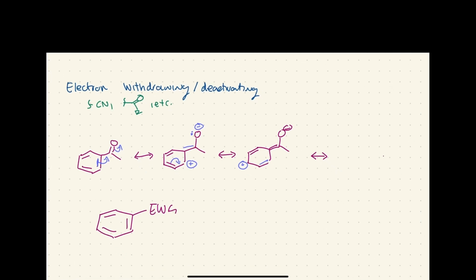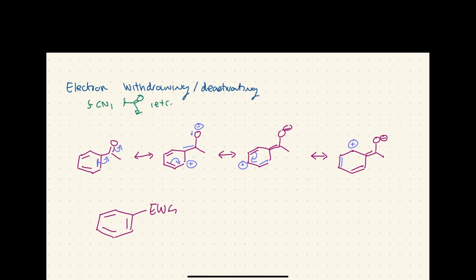I can continue to push electrons all the way around the ring so that then I can have a third resonance structure where again that oxygen is still negative. I still have this double bond, but now I've made a new double bond here and the positive charge ends up on this carbon. These resonance structures help us to understand the overall reactivity of the compound.